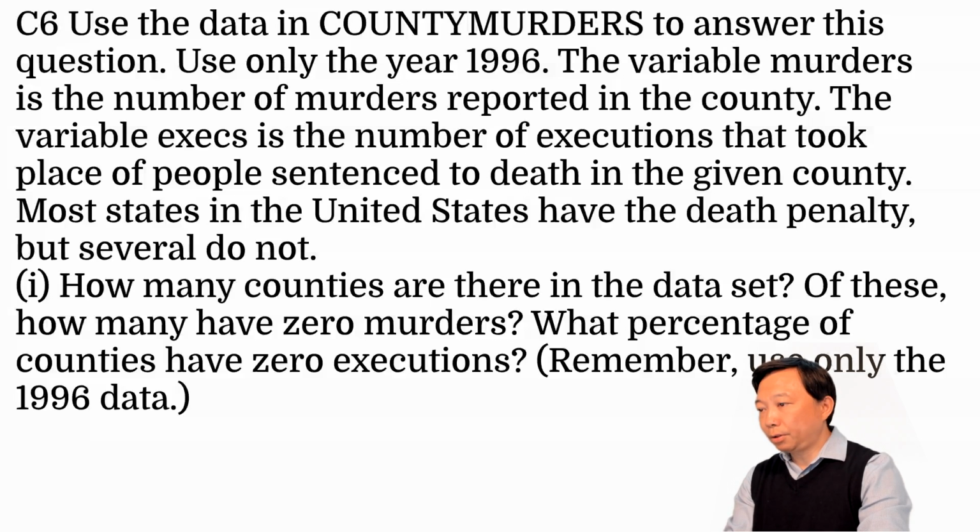Most states in the United States have the death penalty, but several do not. The first question is, how many counties are there in the dataset? Of these, how many have 0 murders? What percentage of counties have 0 executions?